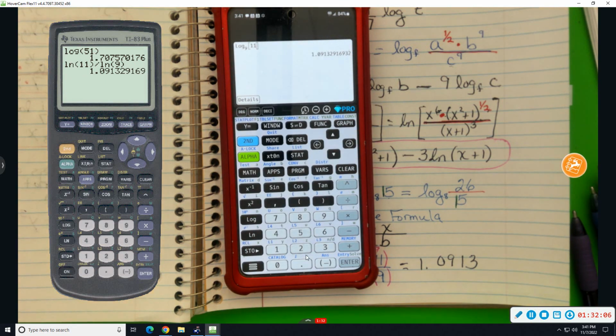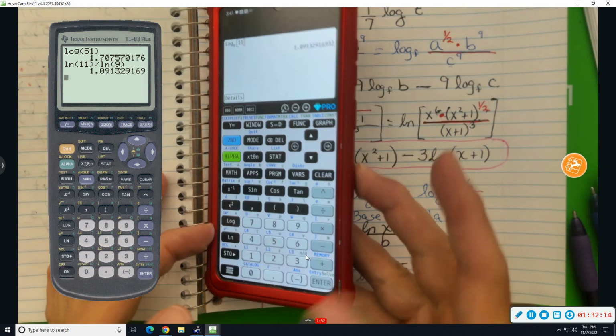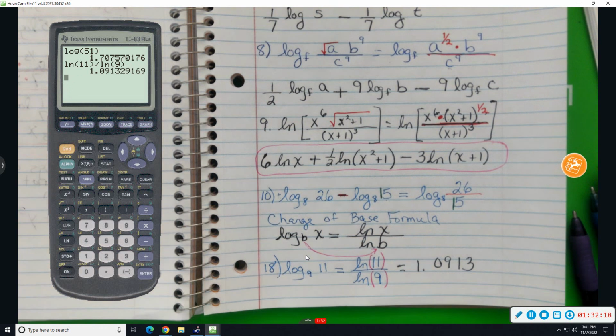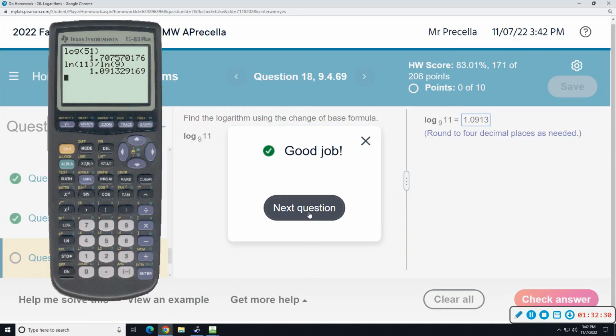Don't be taking pictures of the test, okay? This key takes the place of the change of base formula. But this old calculator here has no key like that. Let's see, did I punch that in and get the right answer? Yeah.